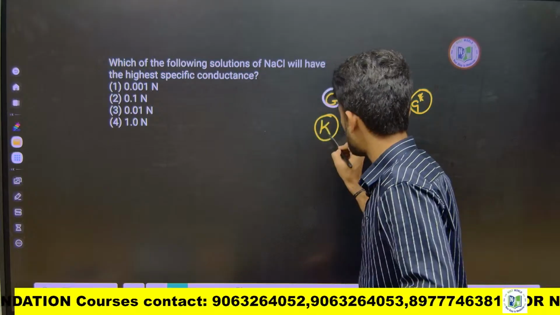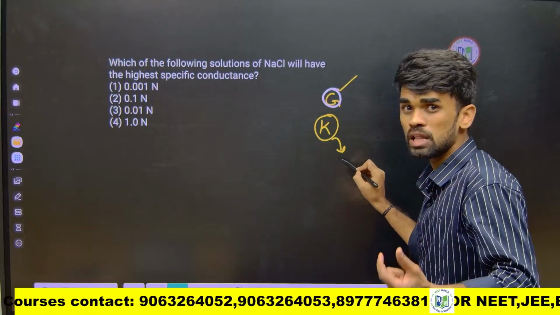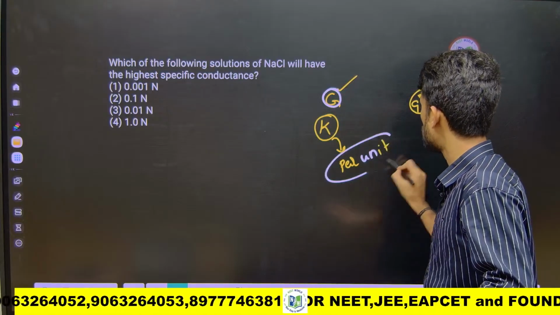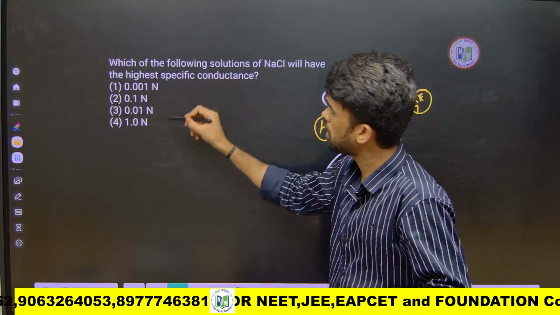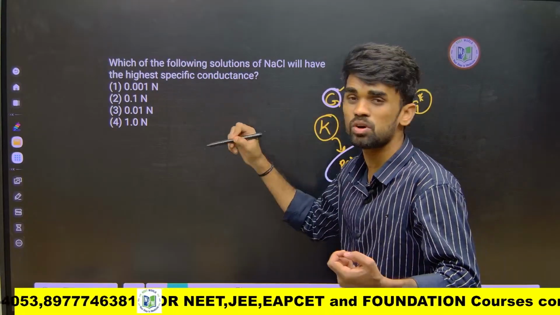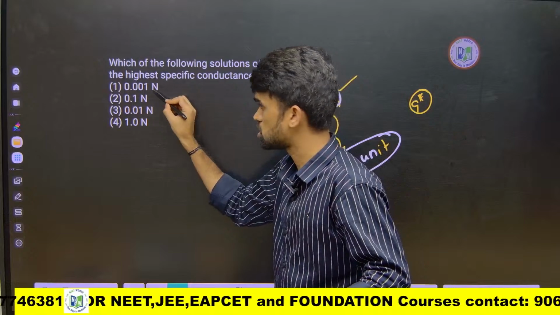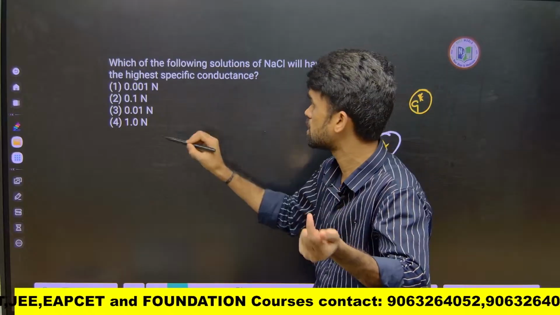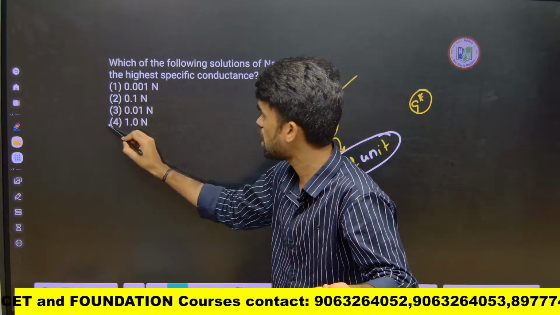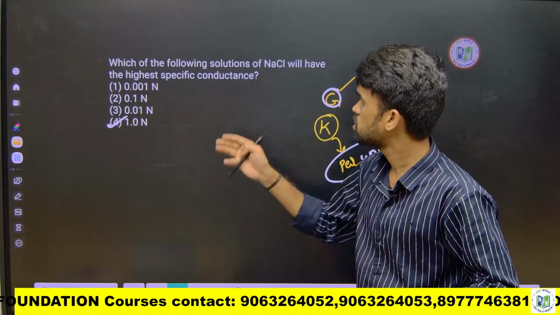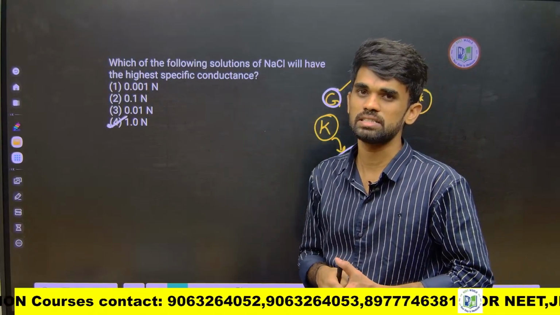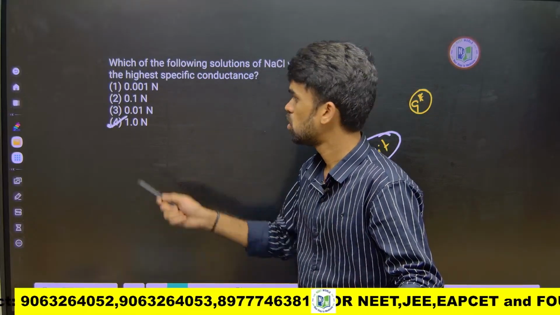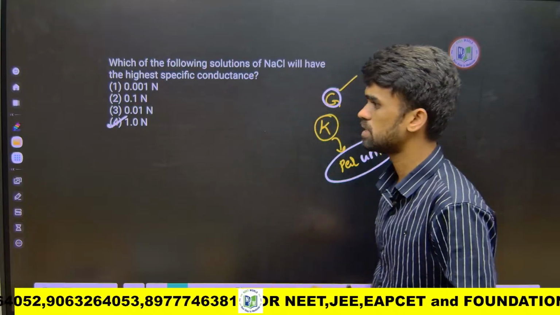So where do we have more concentration here? In option number 4 we have more concentration, so that will have more specific conductance. Hope it is clear. So the fourth option is the correct answer for this question.